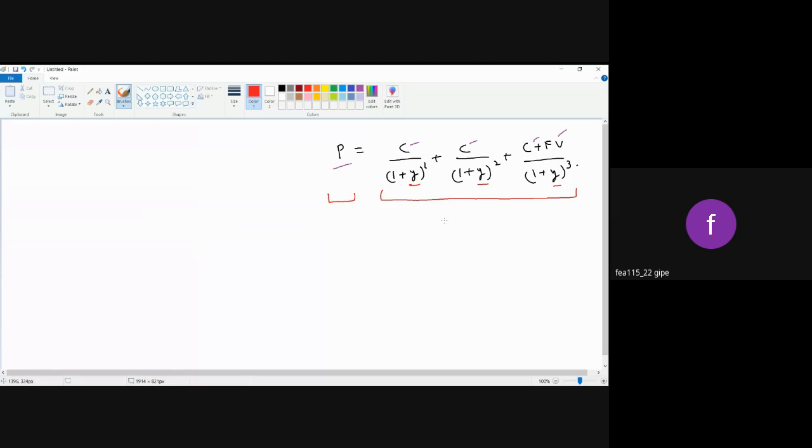Now, if you have to do this in Excel, then how would you want to do it? Sir, we'll denote the cash flows, then get the discounting factor, multiply, and at the end we discount the terminal value.